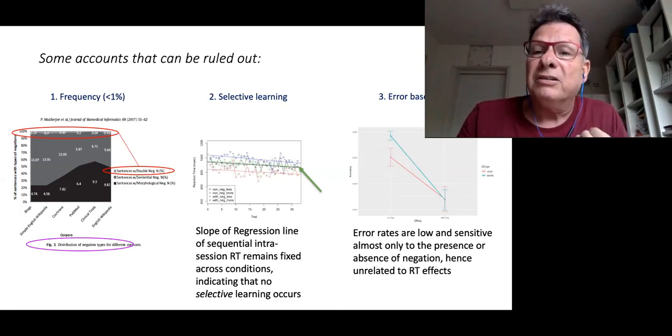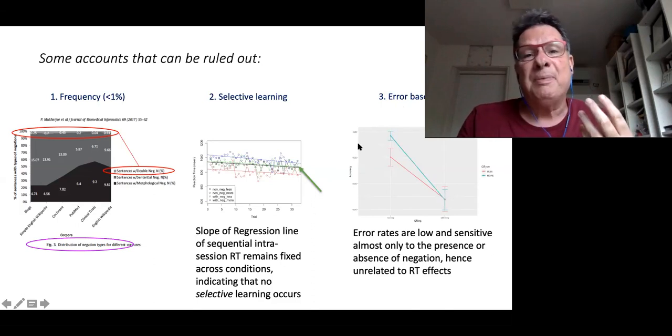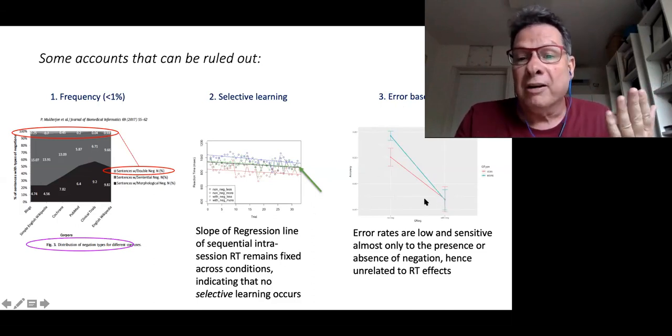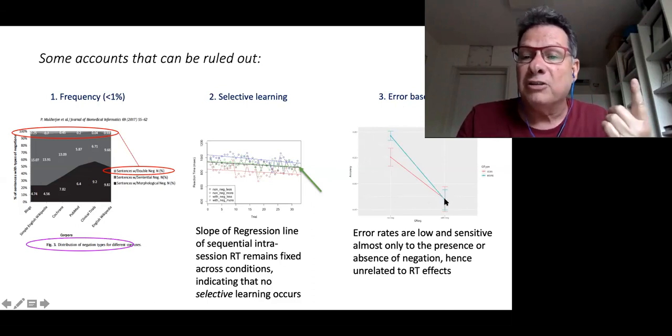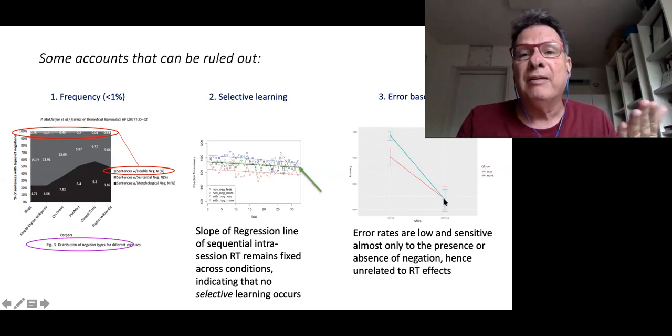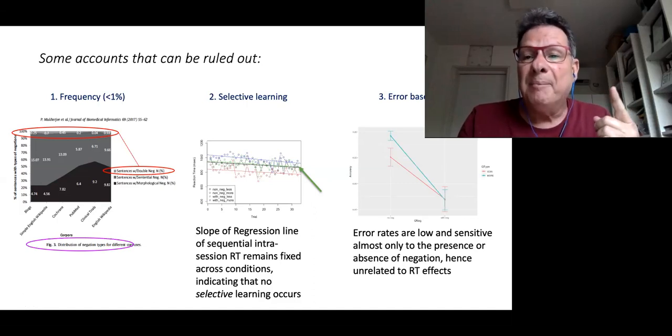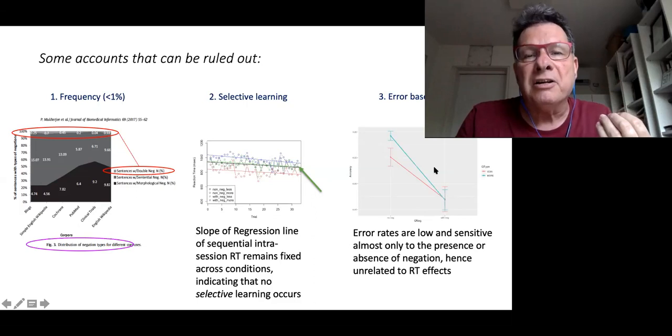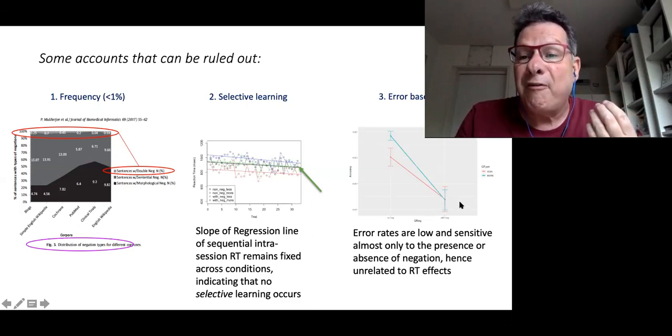And here we look at how many errors these subjects made. And you can see here, first of all, they made few errors. Overall, the lowest condition had like 83 or 84% correct. But secondly, the major factor in inducing error was the physical presence of negation. It had nothing to do with monotonicity.